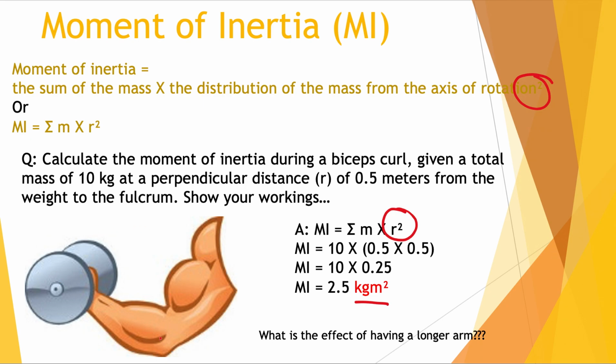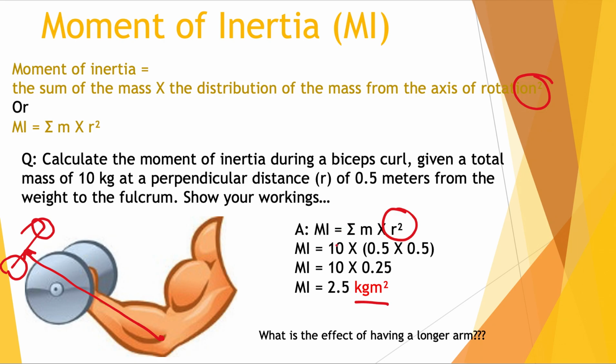So if this weightlifter had a longer arm with the weight out here, this now has a larger moment of inertia, and therefore it's harder to change its current state of angular motion. Now, a larger lever arm isn't always bad. Last year when we looked at levers, we talked about long lever arms generating large amounts of acceleration at the end.